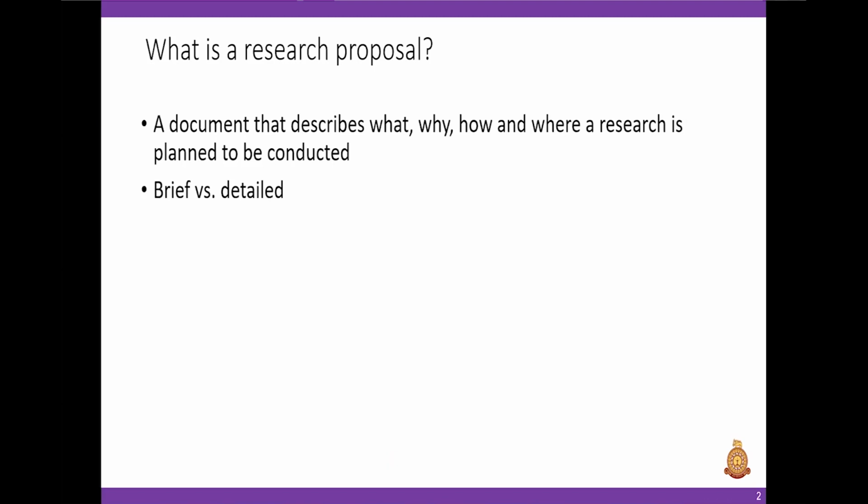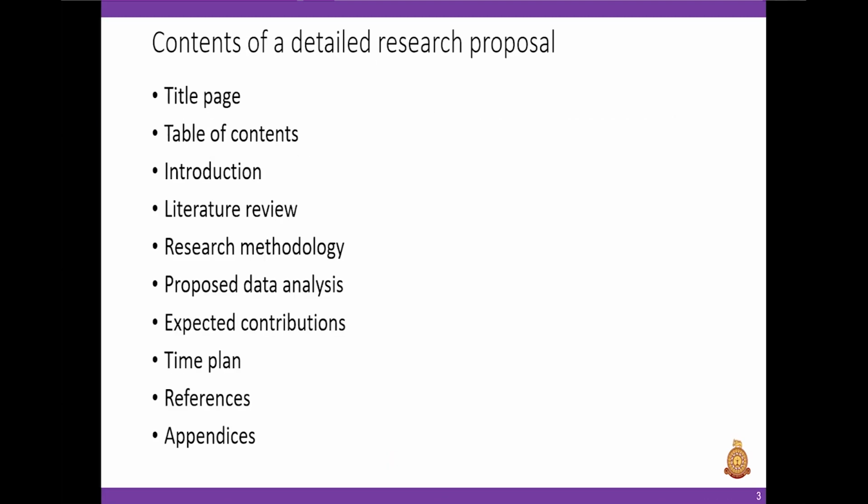It can be a very brief proposal or a detailed proposal. If it's a detailed proposal, you will have sections like all these that I've shown, from title page to TOC, introduction, a thorough literature review, and so on.